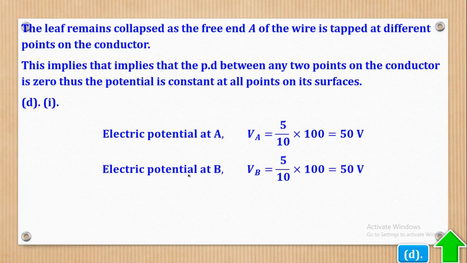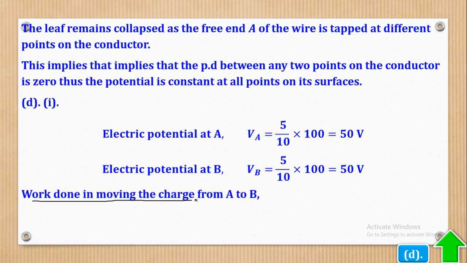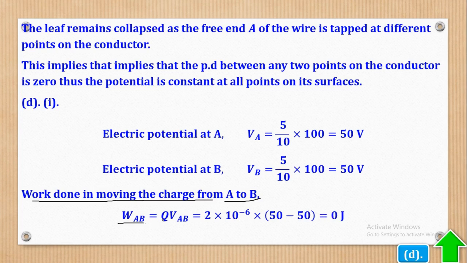Similarly, the electric potential at B is also equal to 5 over 10 multiplied by 100, which is 50 volts, since the distance is also the same, 5 millimeters. Therefore, the work done in moving the charge from A to B is given by WAB, which is Q multiplied by VAB. Then Q is this 2 microcoulomb, but it has to be converted to coulomb. That's why you see 2 times 10 to the power negative 6.